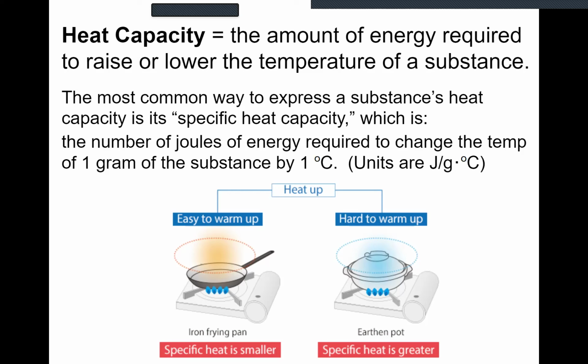It takes a lot of energy to raise or to lower the temperature of a body of water. Consider this. Maybe you've experienced this before. Lake Michigan is a fairly large body of water. It's not as big as an ocean, of course, but it is quite a large lake.